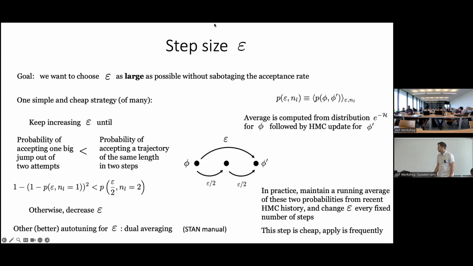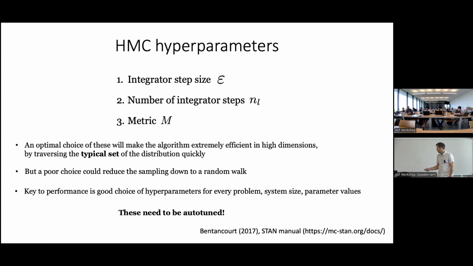Just as a side note, this is probably not the best thing to do. The best thing maybe is using this dual averaging technique. There's something called Stan. The reference for it is here.